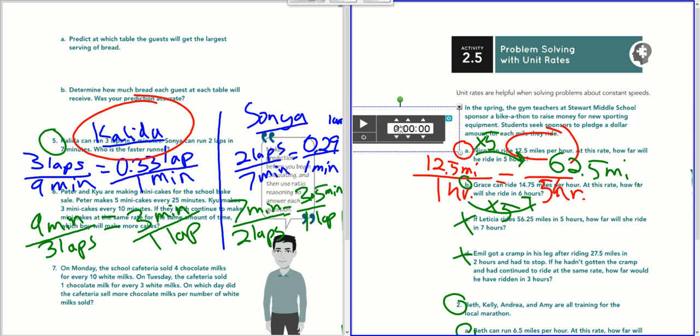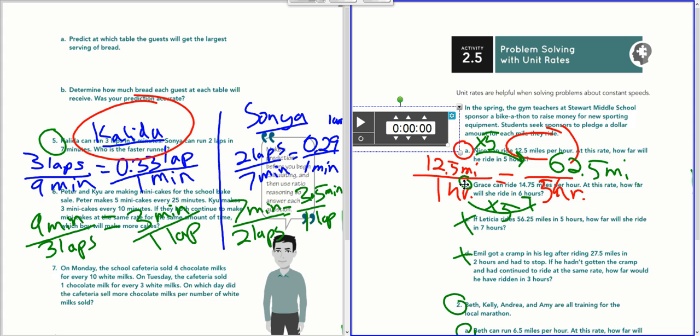Okay? In this situation, on page 194, we are predicting, we're projecting out. It says Nico can ride 12.5 miles per hour. At this rate, how far can he ride in 5 hours? Okay, well, 12.5 miles in 1 hour is our original rate here. It actually ends up being a unit rate, all right?